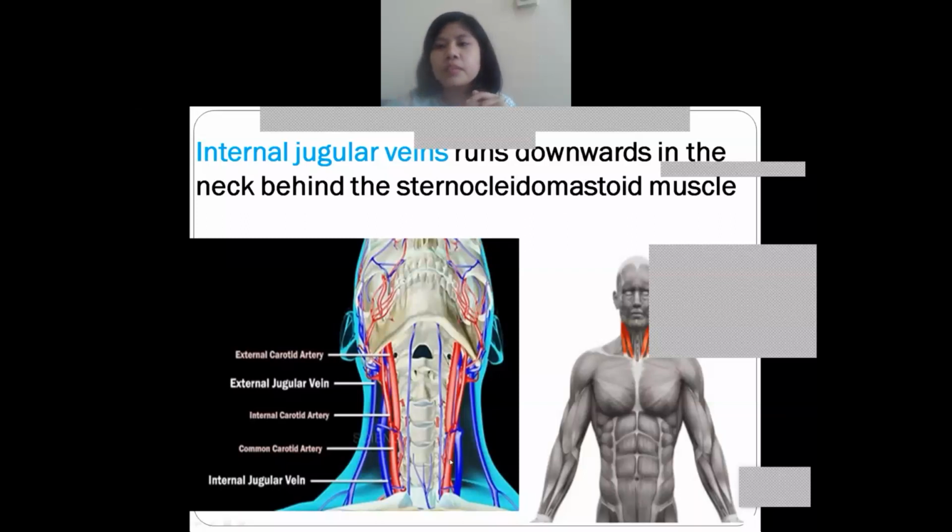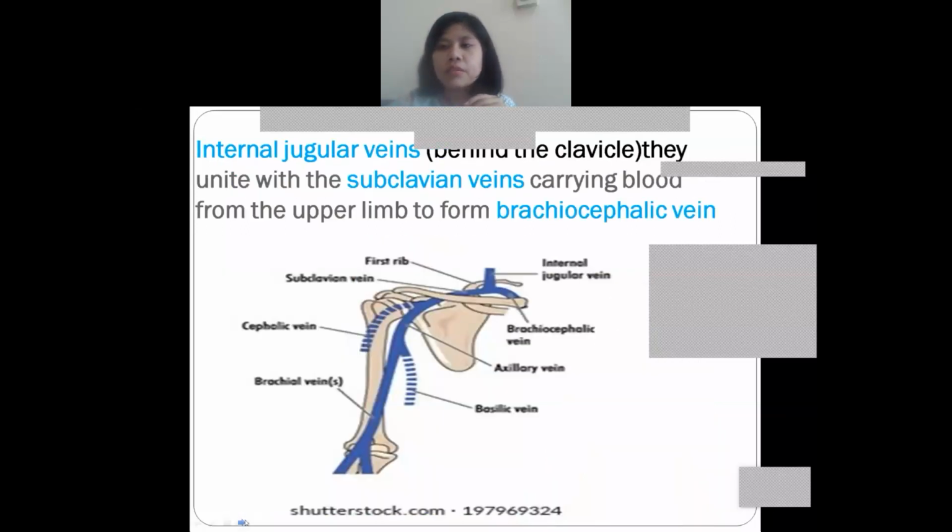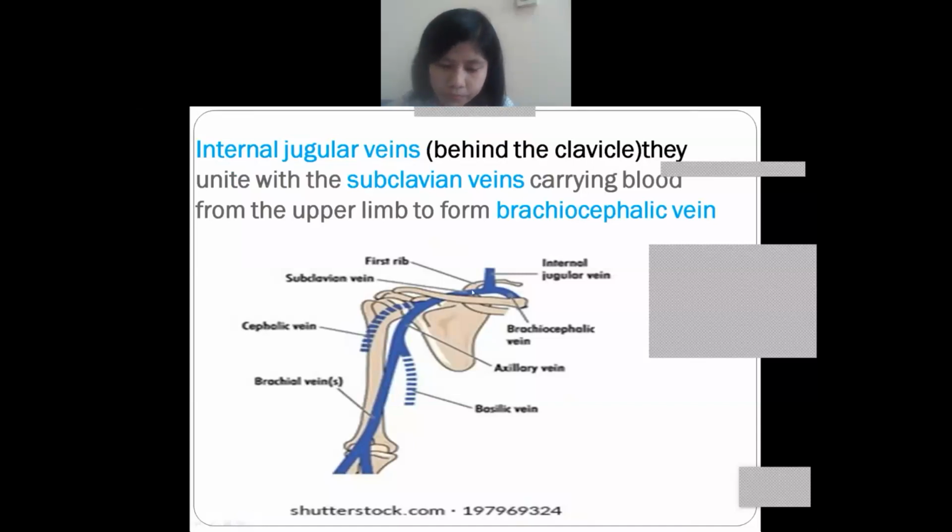Brachiocephalic vein. Yes, brachiocephalic vein, which is this. This is the subclavian vein, and the internal jugular vein, which is this. They will unite together and form another vein, known as the brachiocephalic vein. Okay, good.